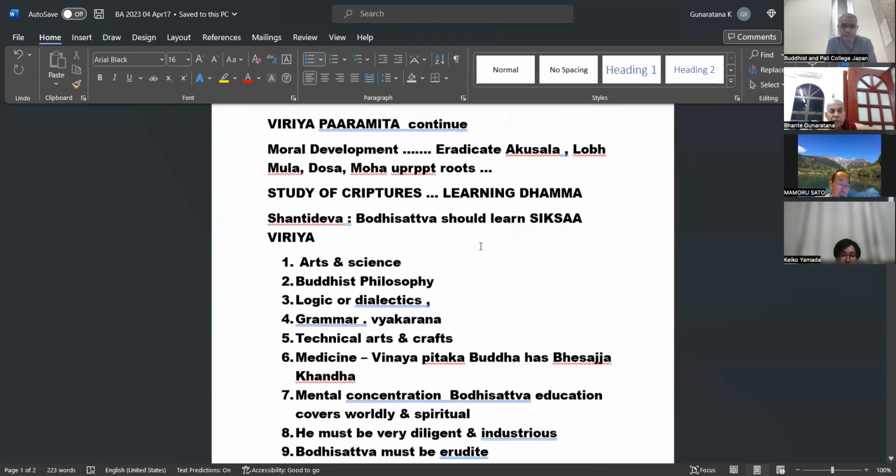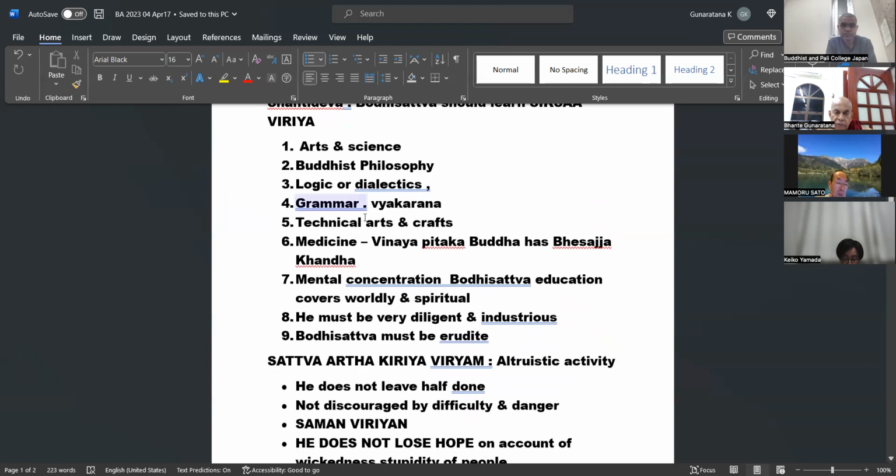You see the moral development, study of scriptures, and Sattvartha Kiriya, 3 main classifications according to Buddha Bhumi, Bodhisattva Bhumi, and Bodhisattva Charya. Development of morality, then study of scriptures to be a very knowledgeable one. The last one is Sattvartha Kiriya, altruistic activities.